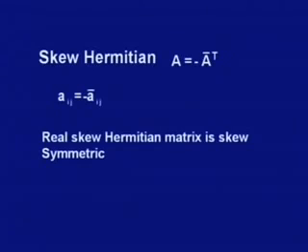So, if this property is satisfied, then we say the matrix is a skew Hermitian matrix. Now, this is the result which can be said about real matrices: a real skew Hermitian matrix is skew symmetric, because for a real matrix A bar transpose is equal to A transpose, and that gives us a skew symmetric matrix.